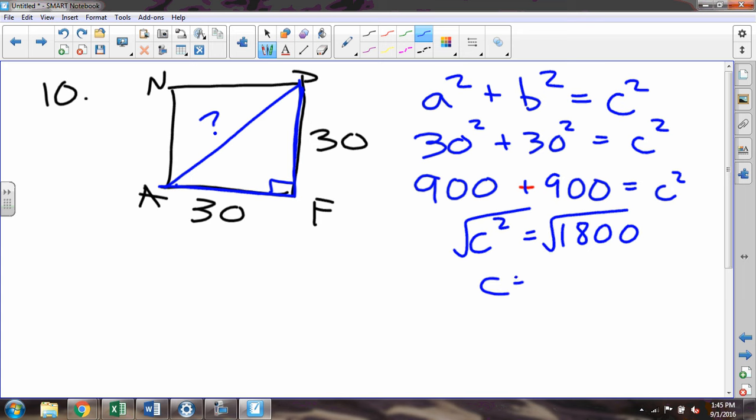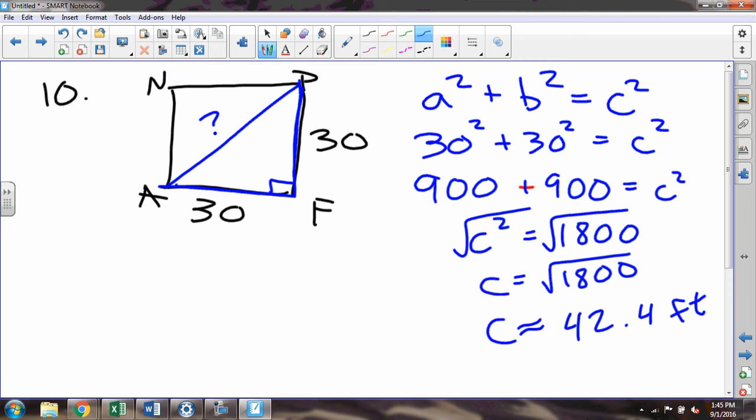Taking the square root, it's exactly the square root of 1800. But since the directions told us to round to the nearest tenth, we can put this into our calculator. The square root of 1800 is about 42.426. Rounding that to the nearest tenth, that's 42.4 feet. Don't forget the labels. Don't forget to follow and do what the directions tell you to do.